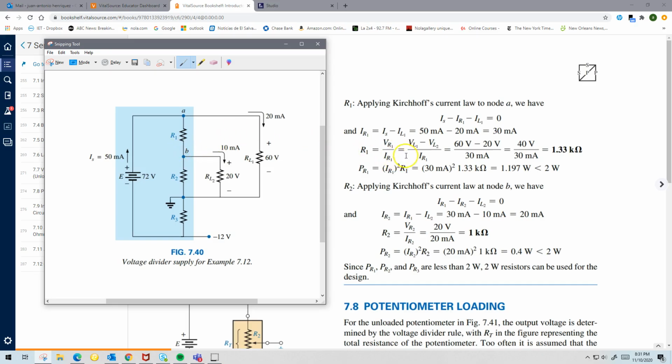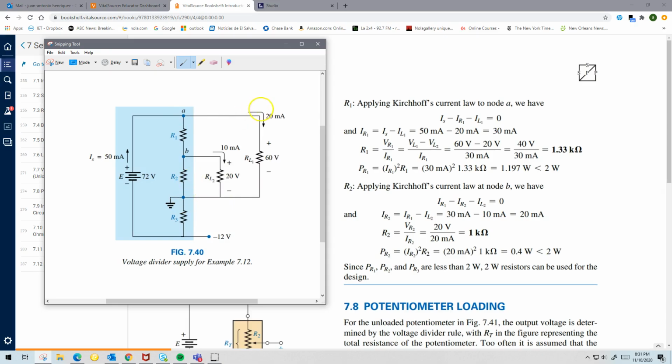Now, I found the current already, but I don't know what VR1 is. I don't know what VR1 is, but I do know what the other voltages are. If you notice in the circuit, the voltage from A to ground is the same voltage that is being read from this point to ground. So it's 60 volts.